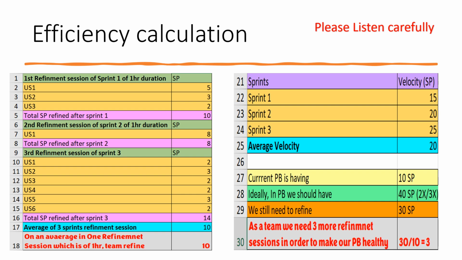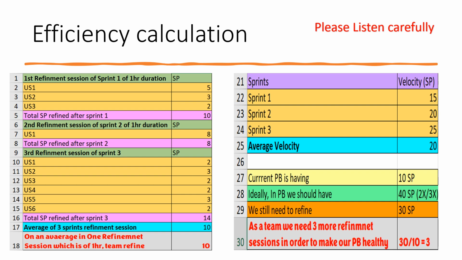Now, how can we calculate it against velocity? Moving to the right side picture, sprints velocity. Say for instance, my team members can achieve 15 story points at the end of sprint 1. My team members' velocity is 15 story points, and in sprint 2 they can achieve 20 story points, and in sprint 3 they can achieve 25 story points.